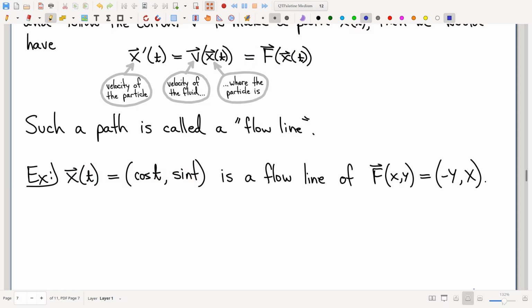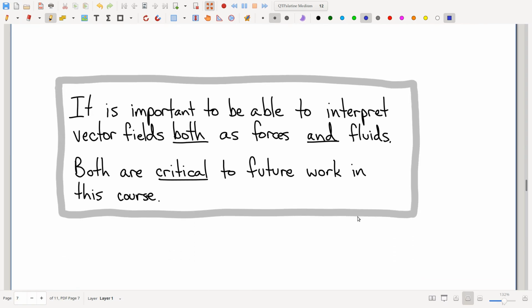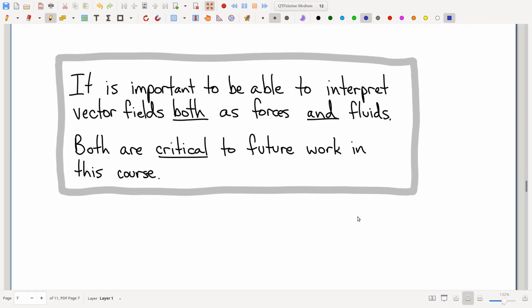Okay. All right. So, last thing we're going to say in this section, this is just an observation. I've been teaching multivariable calculus for many years now, and a classical blunder that I see certain students make is to think to themselves, oh, I get that we can represent forces like gravity and electromagnetism with vector fields, and we can represent fluid flows with vector fields, but between these two, a lot of students find that they prefer one over the other.